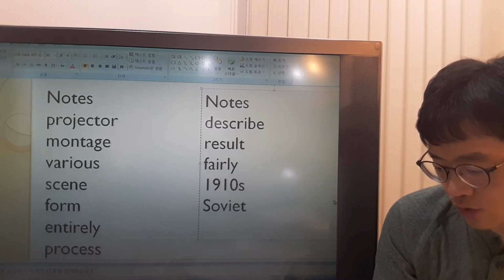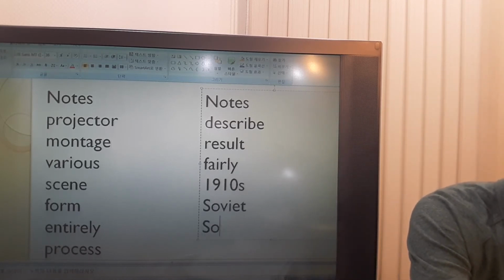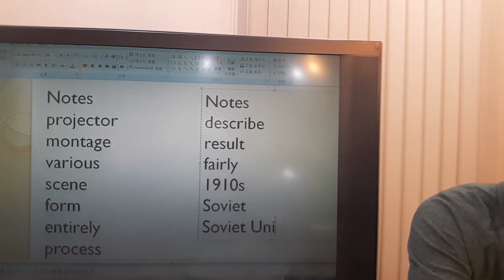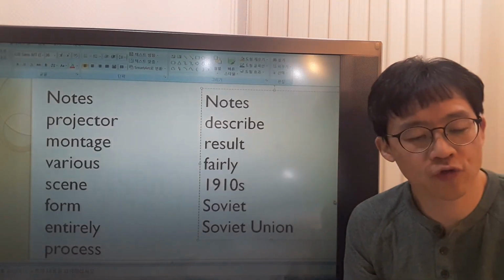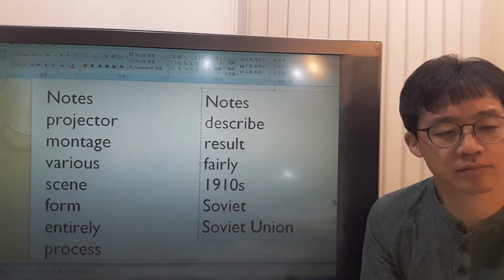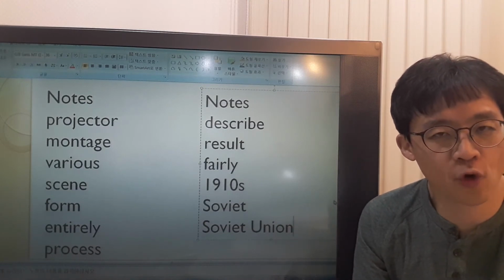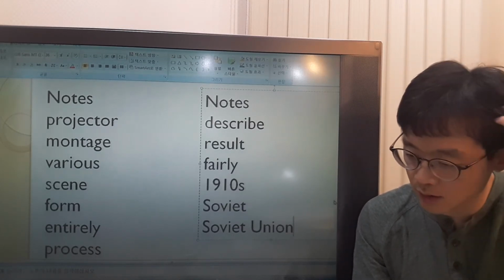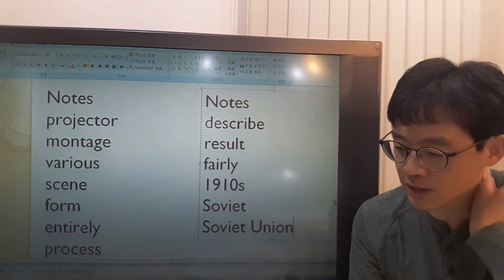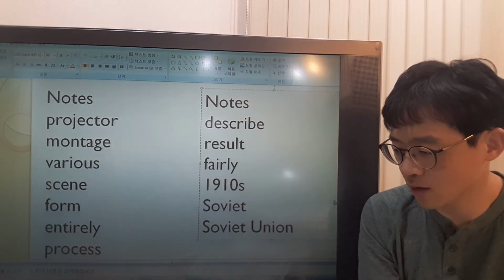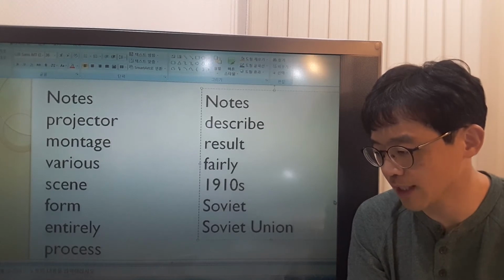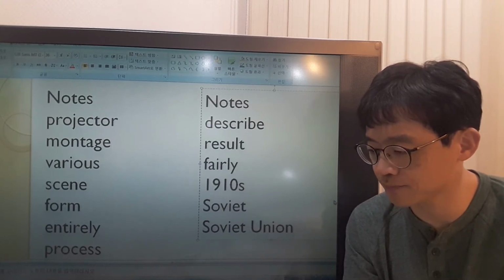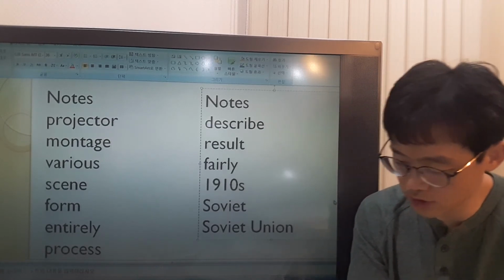Soviet relates to the Soviet Union. Soviet Union is a former federal republic. That means the states or provinces have their own power to decide their laws and make their own decisions, okay?